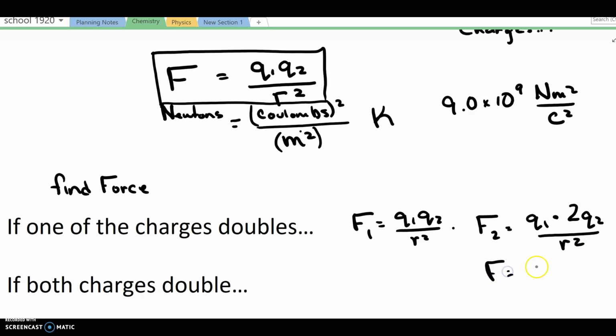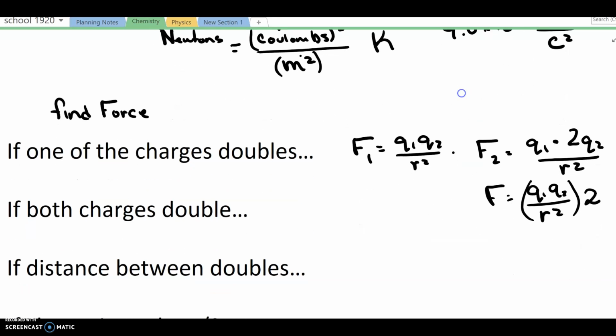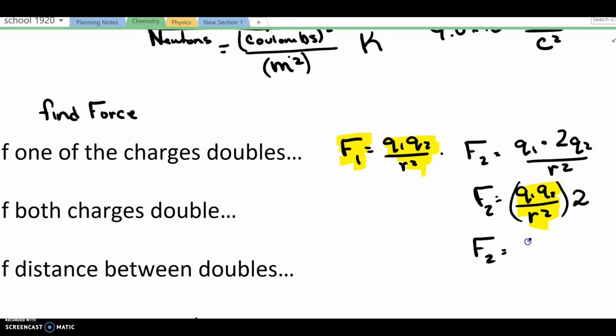We still have Q1 times Q2 and we still have R squared, but now we're just multiplying it by 2. That new force, F2, is the exact same value that it used to be when we called it F1, so we're just going to say it's our old force, the first force, times 2. And so our answer is twice as big.